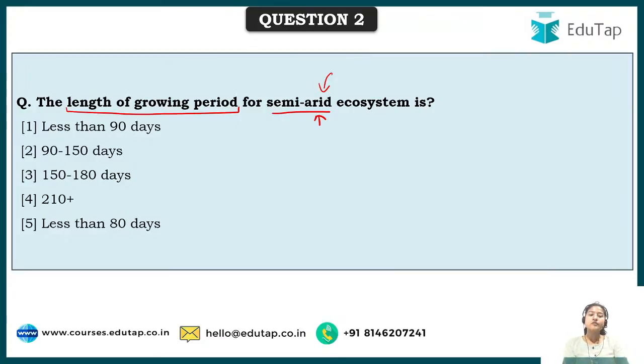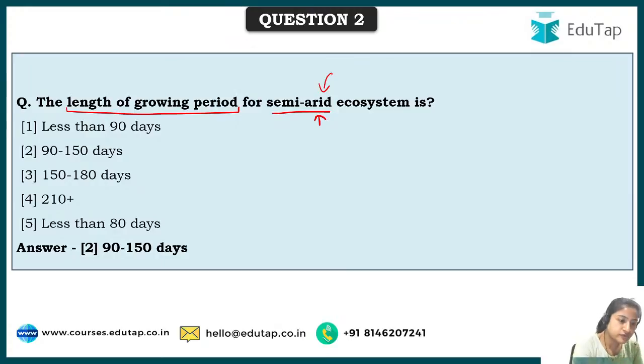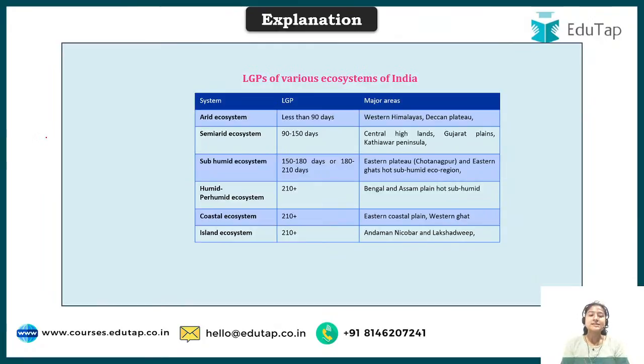In semi-arid ecosystem, what length of growing period should the plants have so that we can get adequate yield? The correct answer is 90 to 150 days. Of course, we are not completely dependent on rain-fed agriculture; we can provide irrigation if we have that facility around that area. So this is LGP.